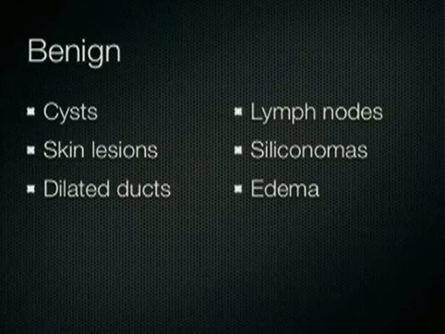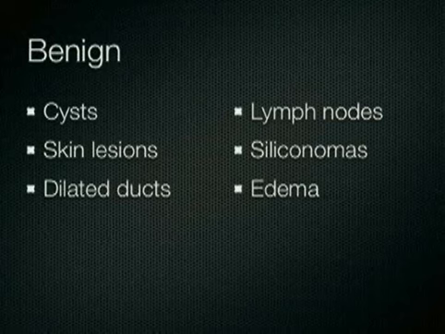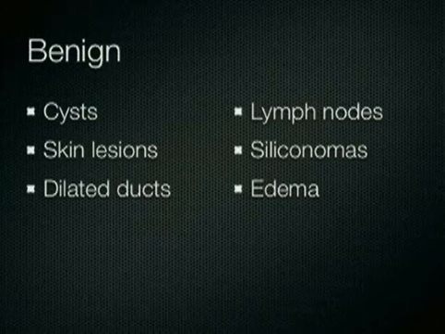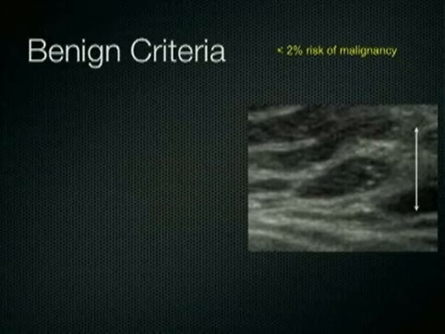Breast pathology encompasses a broad range of benign as well as malignant lesions. Benign lesions include simple cysts, skin lesions, dilated ducts, intramammary lymph nodes, foreign bodies, including siliconomas, and edema. Over the years, a number of criteria have been established that aid in the identification of benign lesions, that is, masses with a less than 2% risk of malignancy.